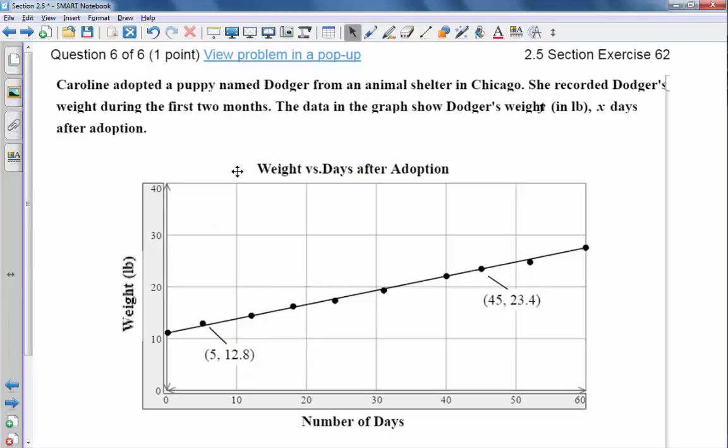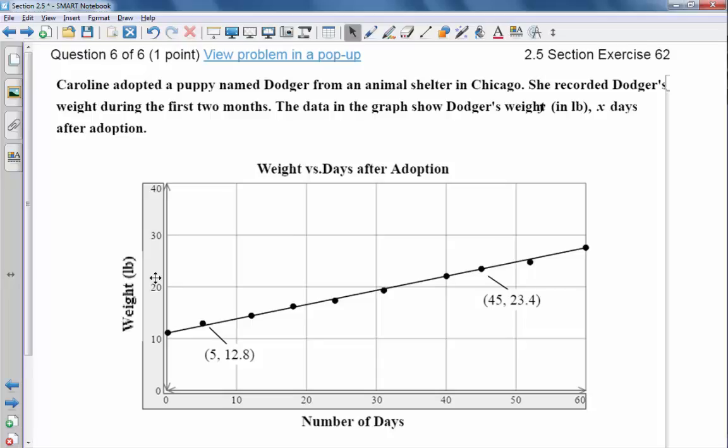You're a pet owner. You have a puppy named Dodger, and you measure Dodger's weight for the first 2 months. You take measurements. You can't measure every day, but you took some measurements. Like when you first got Dodger, this is Dodger.